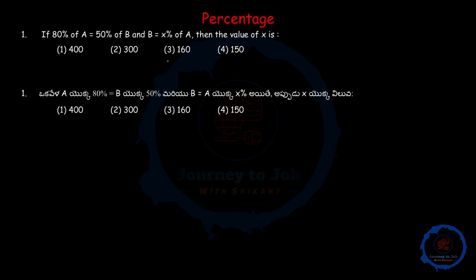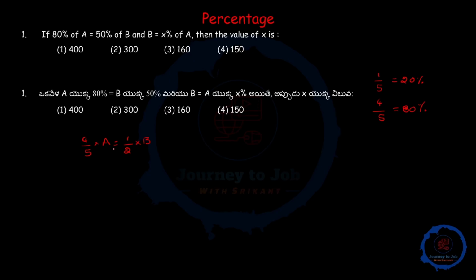Now, first question: if 80% of A is equal to 50% of B and B is equal to x% of A, then the value of x is. So basically 80% we know is 4 by 5 of A, equal to 50%, which means 1 by 2 into B, because we already know this from percentage to fraction and fraction to percentage conversion. 1 by 5 means 20%, and 4 by 5 means 80%.